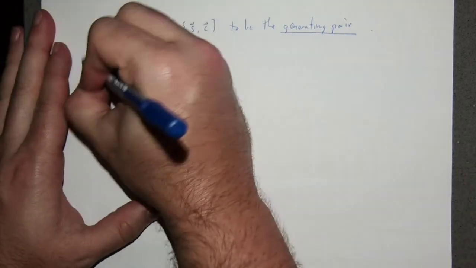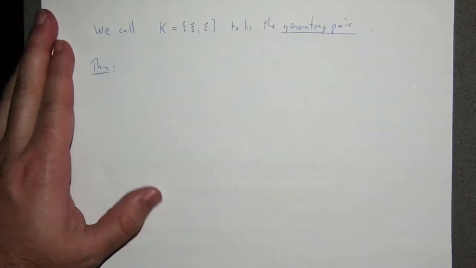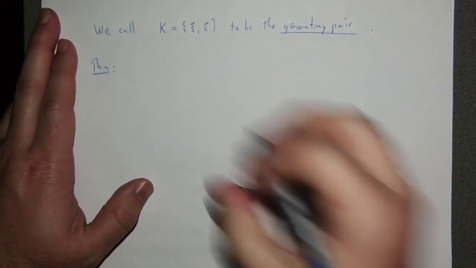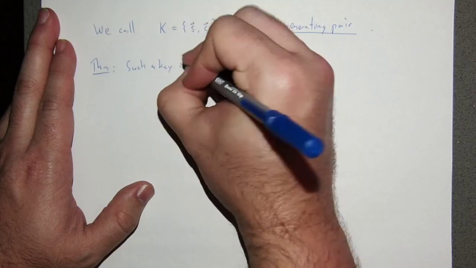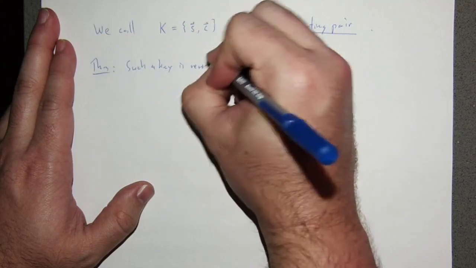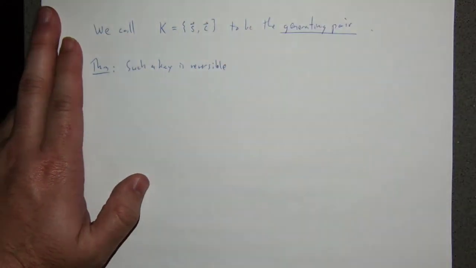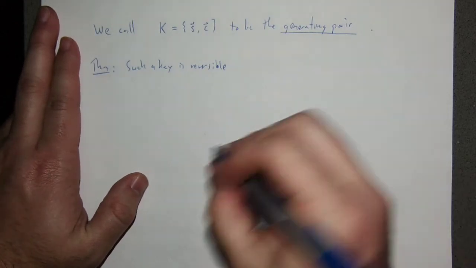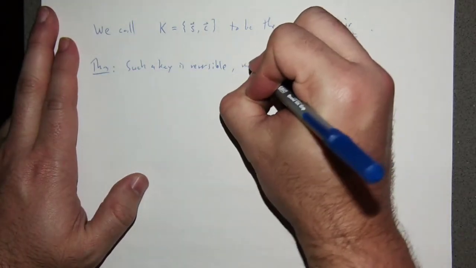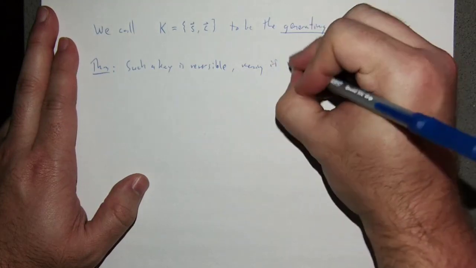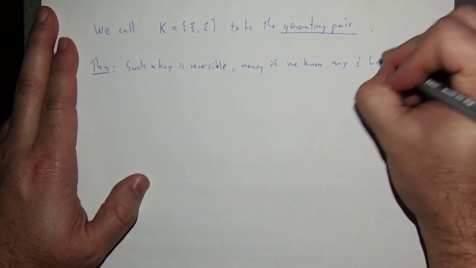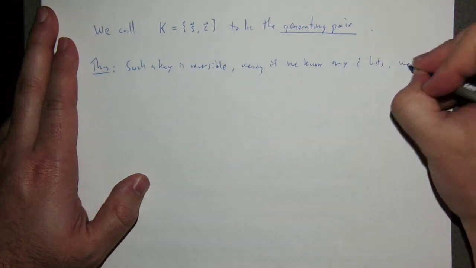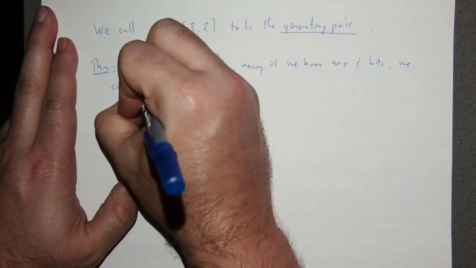So theorem: such a key is reversible. Meaning, if we know any I bits, we can find all previous bits.